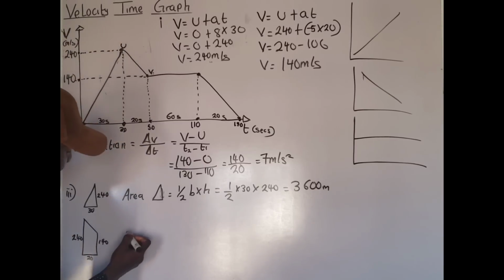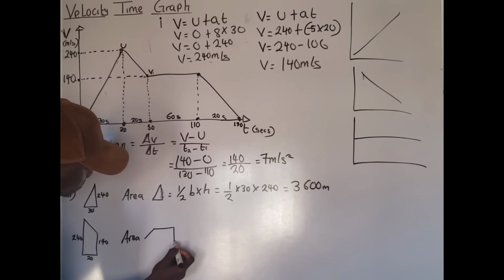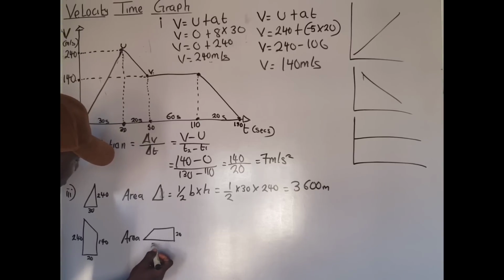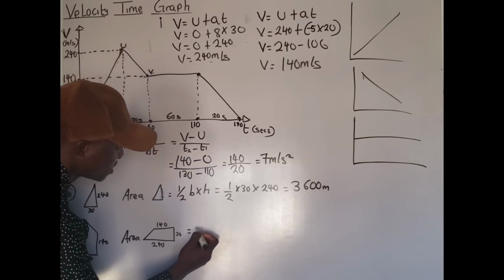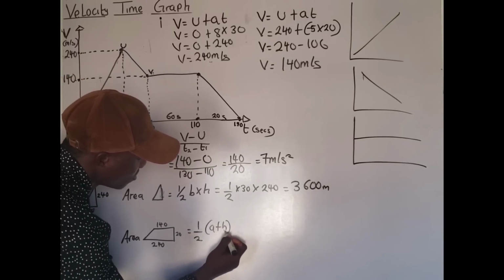I just withdraw it. This is 20, this is 240, this is 140. So the area of this trapezium is 1/2 (a plus b) multiplied by h.